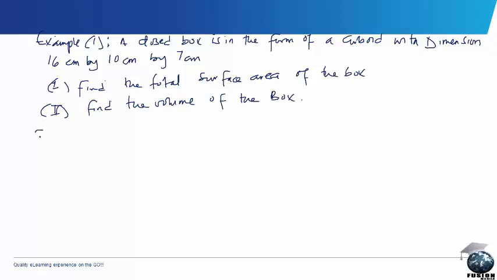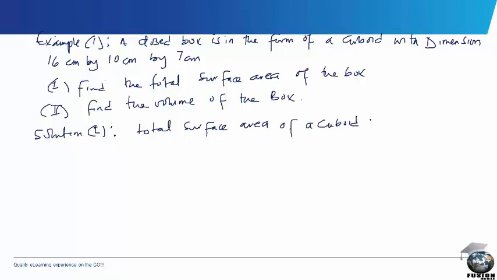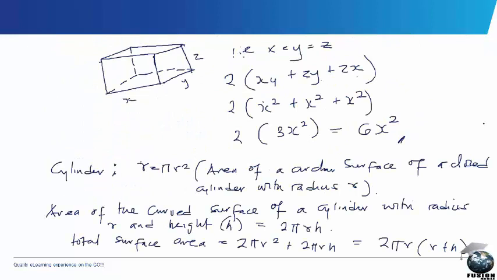Okay, so how do you go about this? This is very simple. Of course, you can see, the total surface area of a cuboid is stated as 2 times (xy plus xz plus yz).